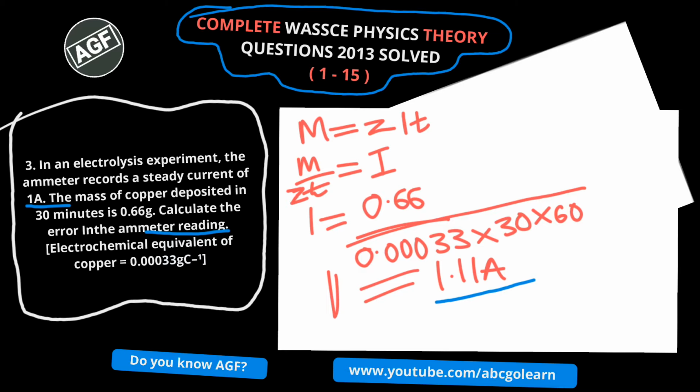So what you just do is subtract to get the value of the error. That will be 1.11 minus 1 ampere, which gives us our answer to be 0.11 ampere.